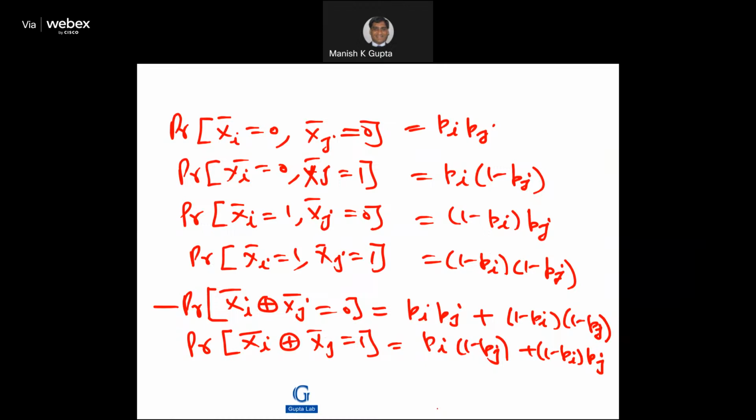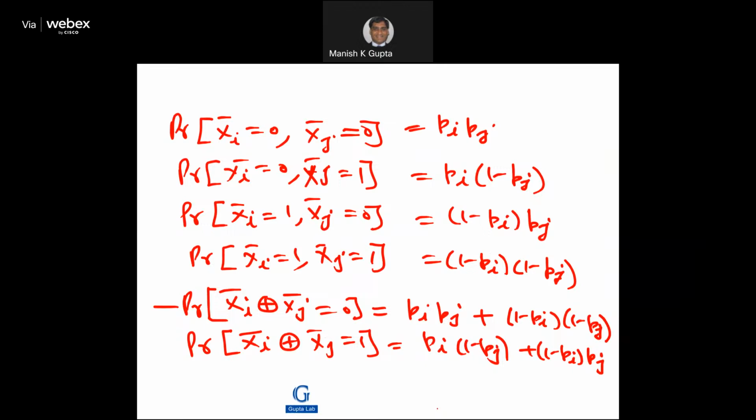Now xi plus xj could be 0 when both are 0 or both are 1, right? When both are 0, the probability is pi times pj. And when both are 1, the probability is 1 minus pi times 1 minus pj. So the overall probability is the sum of these two. This is the probability that xi plus xj is equal to 0.